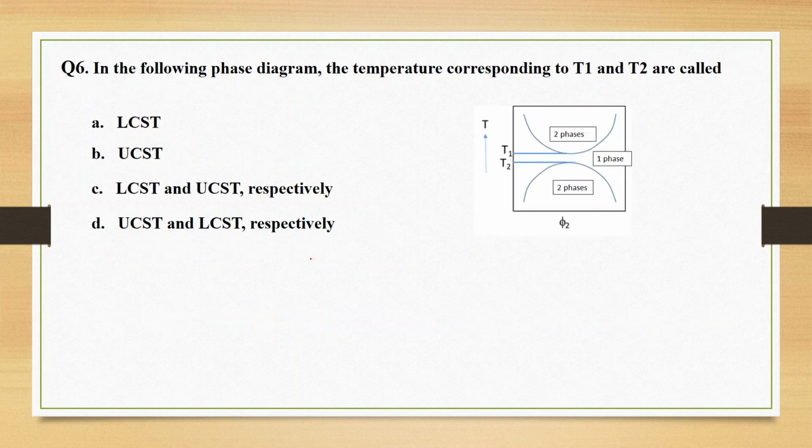Okay, so this is question number 6. A similar type of question is given in your assignment as well. Thanks to Arjun, he pointed out that there was a problem with the phases mentioned in there. Inside the curve there should be two phases, and outside it there should be one phase.